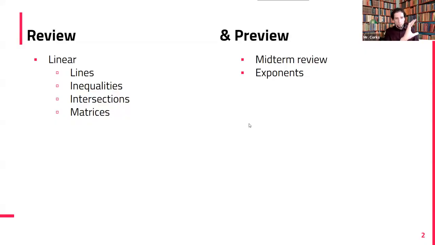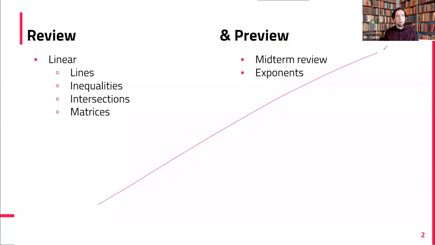Up to this point in the class, we've been dealing with straight lines or various kinds of linear relationships. After the midterm, our focus is all sorts of not straight lines. What are the equations of these things?